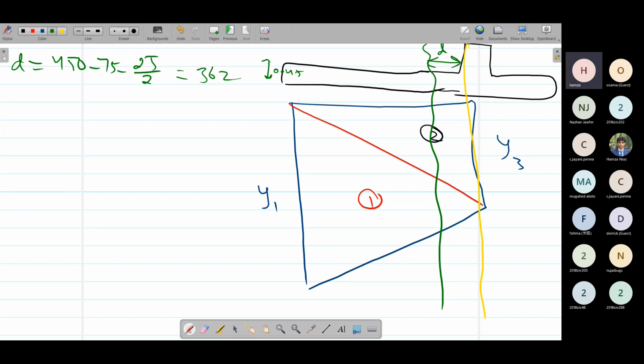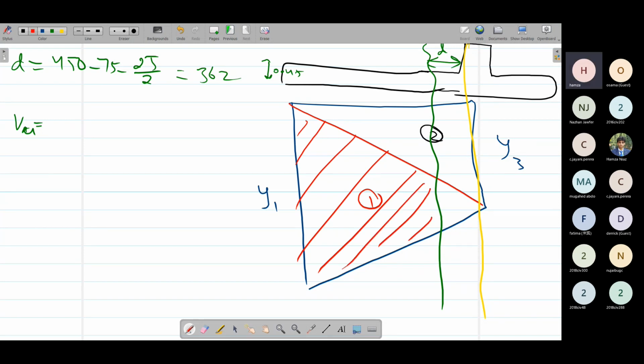Now for shear force, we are again going to calculate the area of this triangle. But now we are going to take only this area for triangle 1, not this top portion that is away from the d. So what would be its area? 1.6 times half. We can calculate the area of this large triangle.